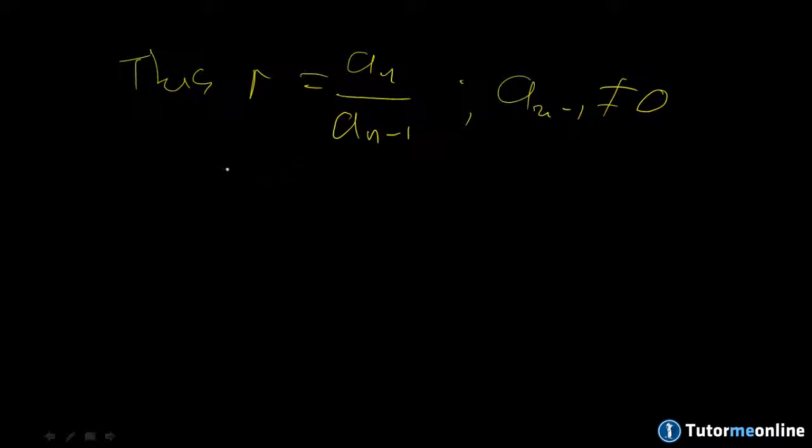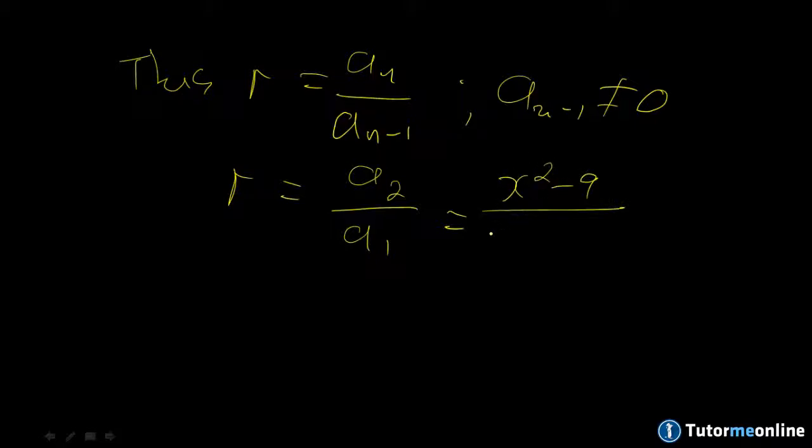So we can then say R, which is the common ratio, is equal to A2 divided by A1, which is given by the examiner as x squared minus 9 divided by x plus 3. We can factorize this expression.